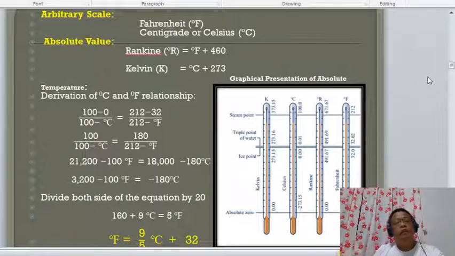And in the Fahrenheit scale, the water starts to boil at 212 and solidifies at 32.